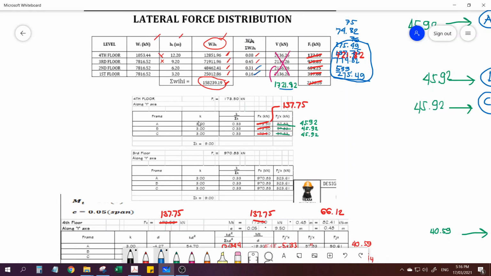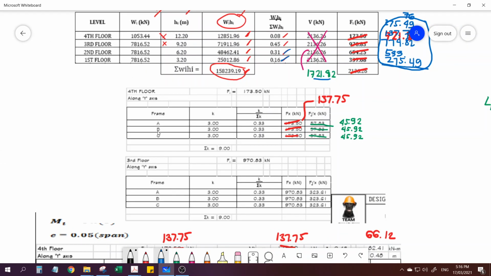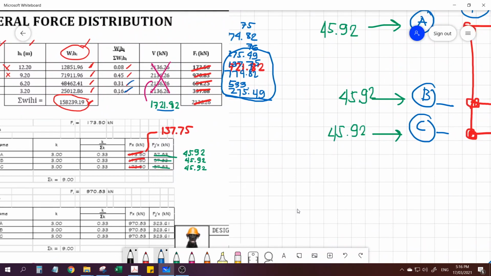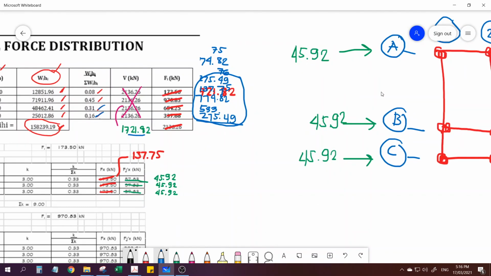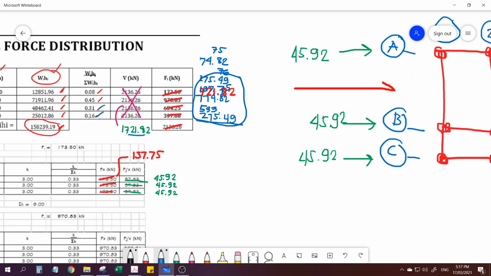Ilalatag nyo yung frames na kung saan naka-apply yung force. We assume na dito siya nag-act, sa direction na to.